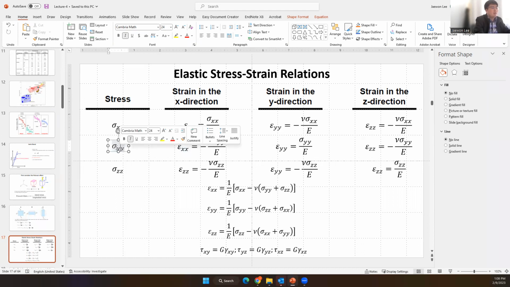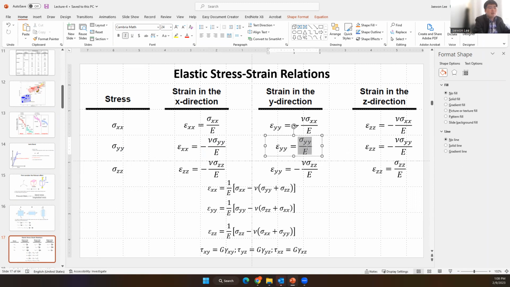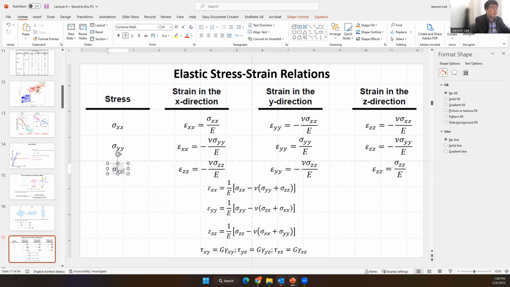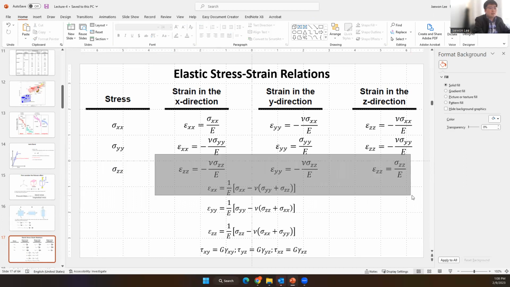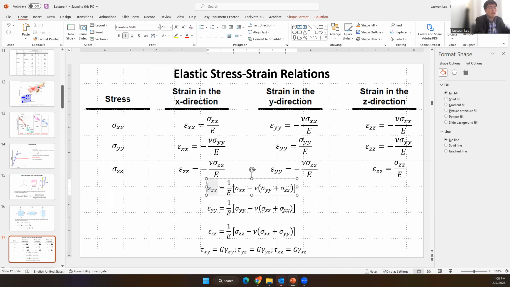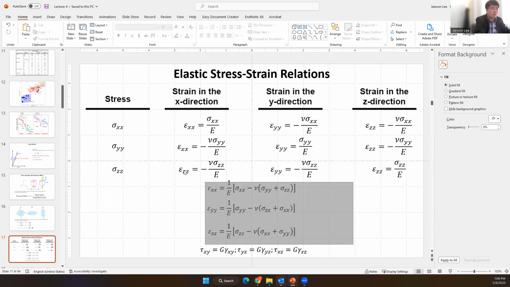Then, if we apply the Y direction stress, we can calculate the XX strain by these relations. Then we can easily obtain the Y strains, and the ZZ strain is the same. We can calculate the X strain, Y strain, and ZZ strain with these relations.